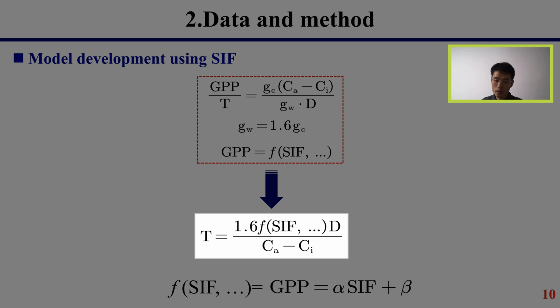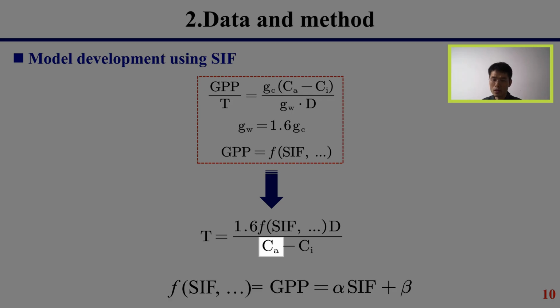In this equation, we can measure SIF, we can measure D, and we can measure Ca, which is the air CO2 concentration. Here, Ci is something we don't know, because we cannot measure the intercellular CO2 concentration in the leaf.